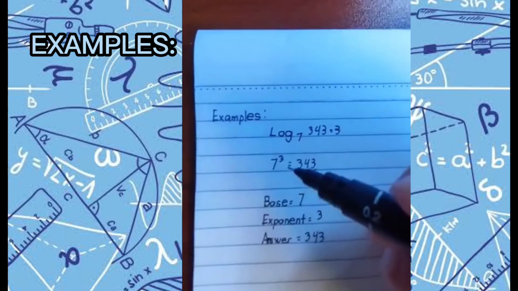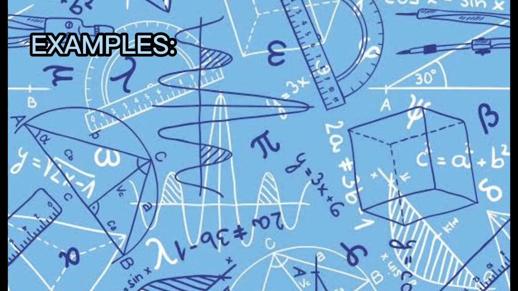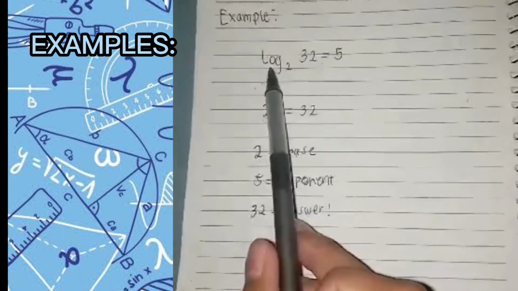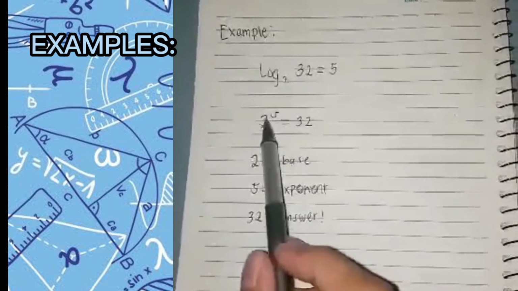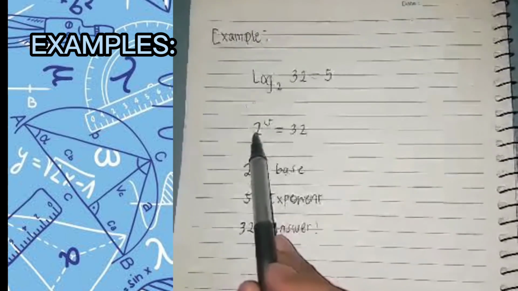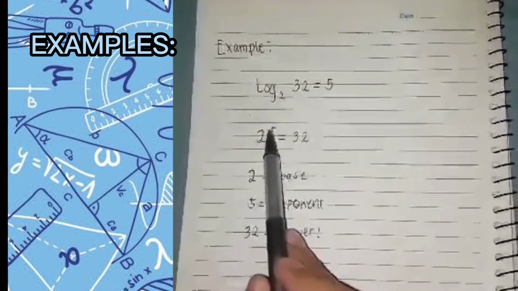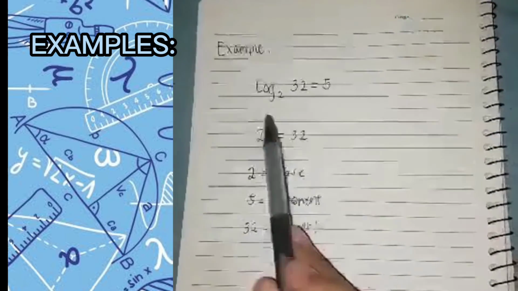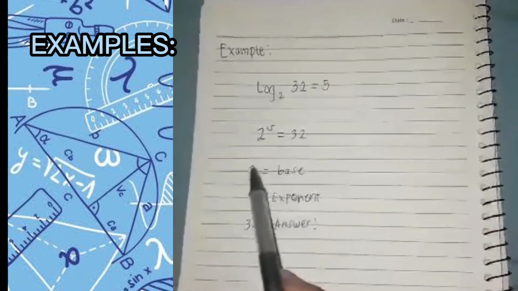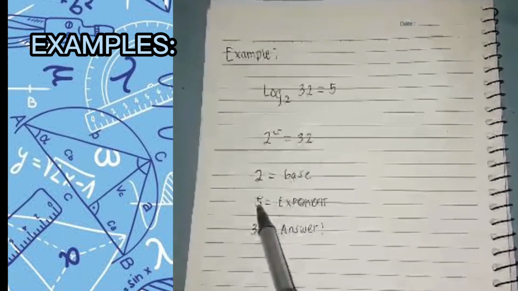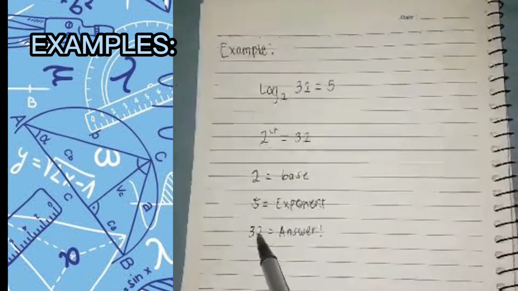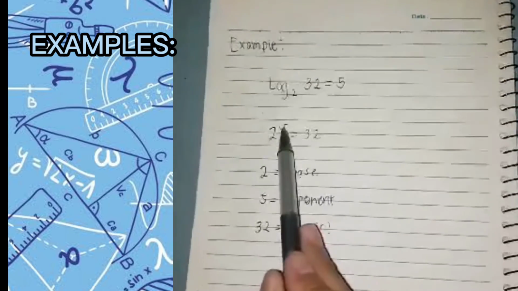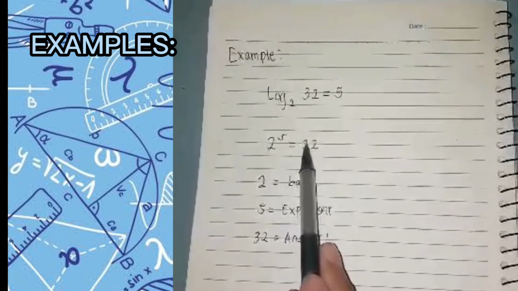7 cubed equals 343. The third example is log base 2 of 32 is equals to 5. The exponential function of this is 2 raised to the 5th power is equals to 32, where the base is 2, the exponent is 5, and the 32 is the answer because 2 raised to 5 is equals to 32.